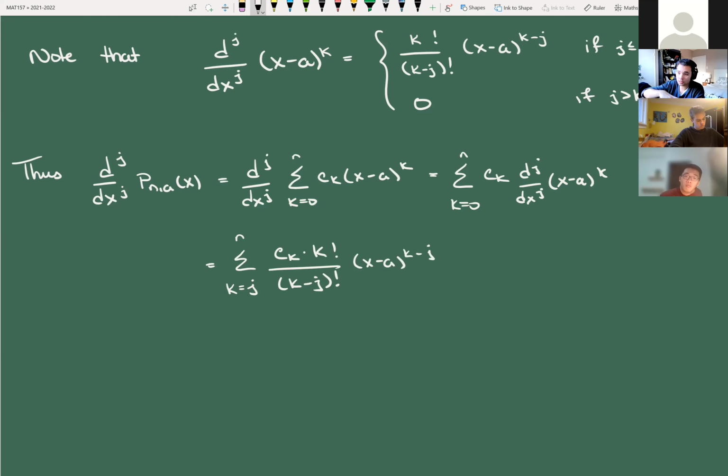And you'll notice that the bottom index, instead of starting at 0, starts at j, because we know that all of those other terms have died. If j is bigger than k, then all those terms become 0. So your first order term dies, your second order term dies, your third order term dies, all the way up to your (j minus 1)th order term. And then the first term that survives is the jth order term.